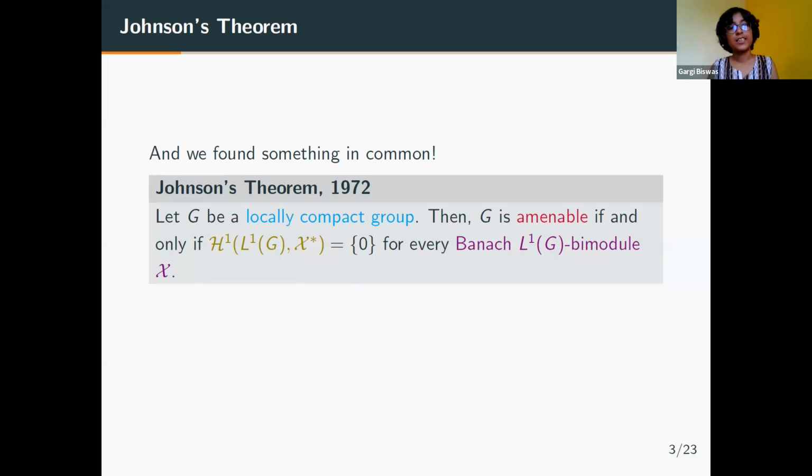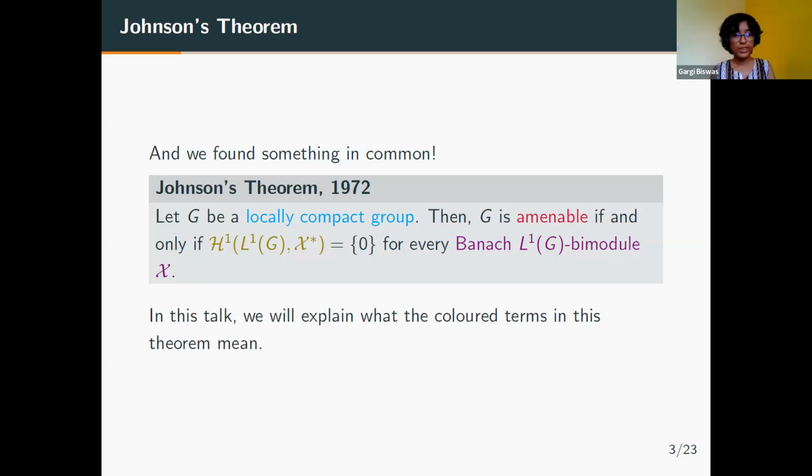It says: let G be a locally compact group, then G is amenable if and only if H1(L1(G), X*) is trivial for every Banach L1(G)-bimodule X. So our goal for this talk would be to explain what all the colored terms mean. I've put them in colors because I thought it might help all of us to remember these new terms till the end of this talk.